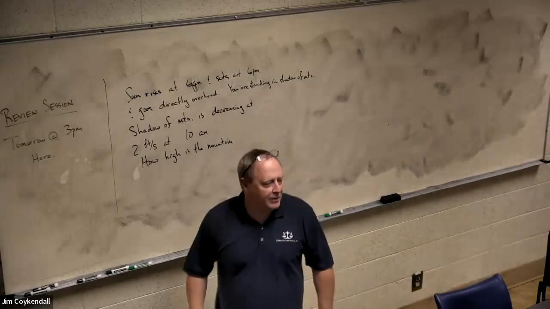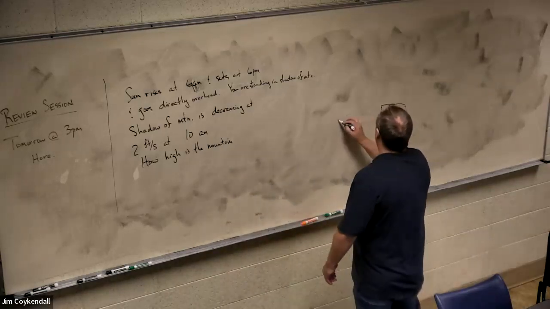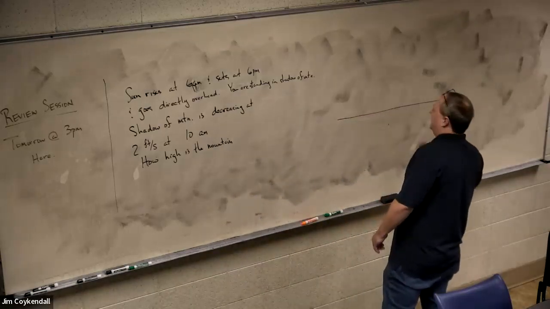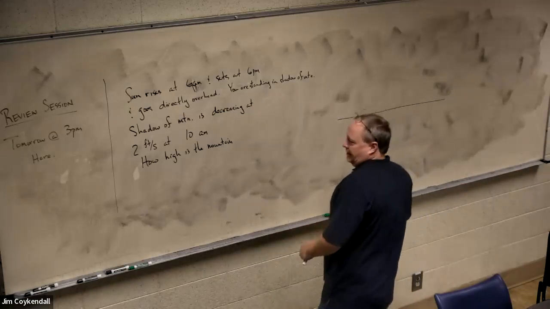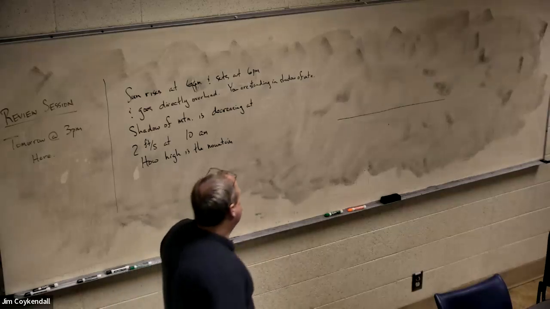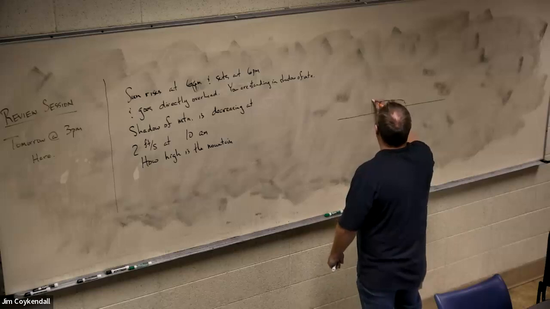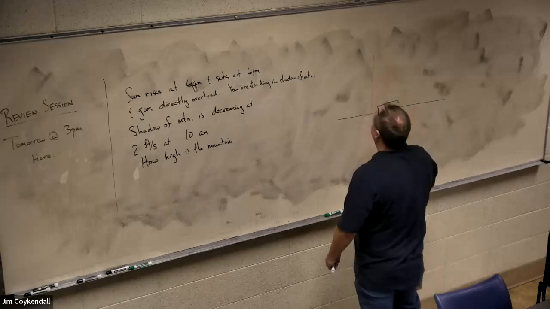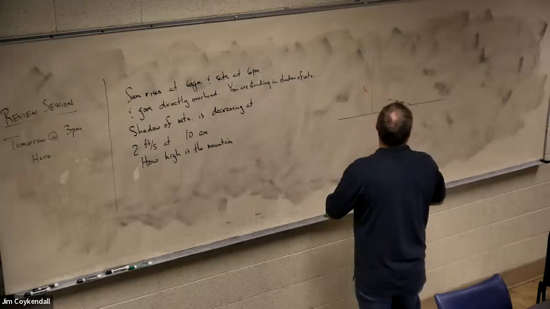So let's figure this out. Let me draw something just to help me out, and don't expect anything beautiful. So here's my mountain. I'm going to call this H for height.